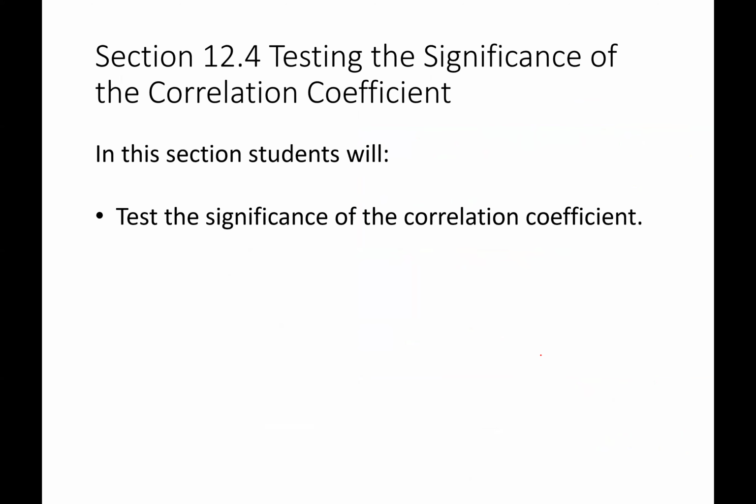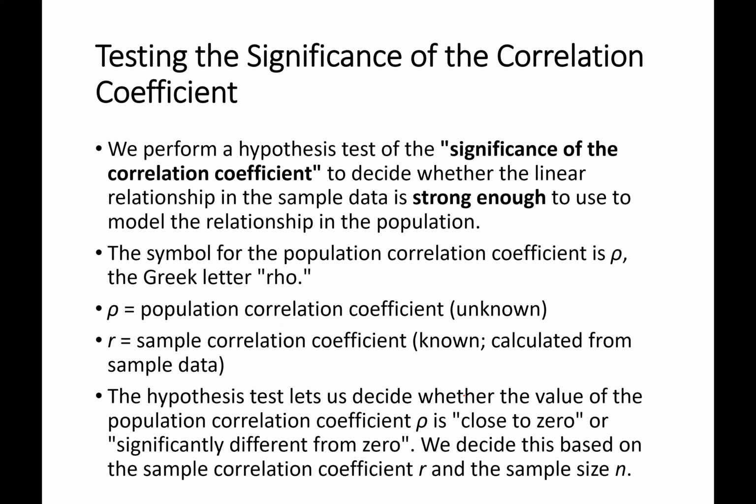Okay, all right. Let's run some correlation coefficient tests. We perform a hypothesis test of the significance of the correlation coefficient, and we do it just like we've run hypothesis tests before this. We run the tests, we look at the p-value, we compare the p-value to alpha, we reject or fail to reject the null hypothesis.